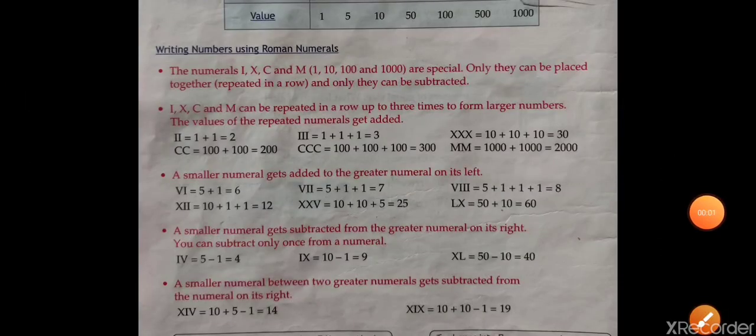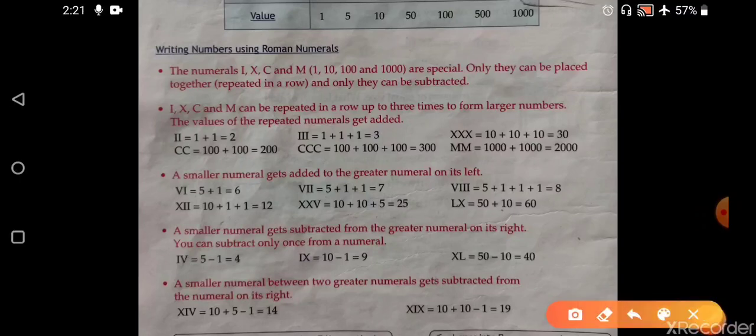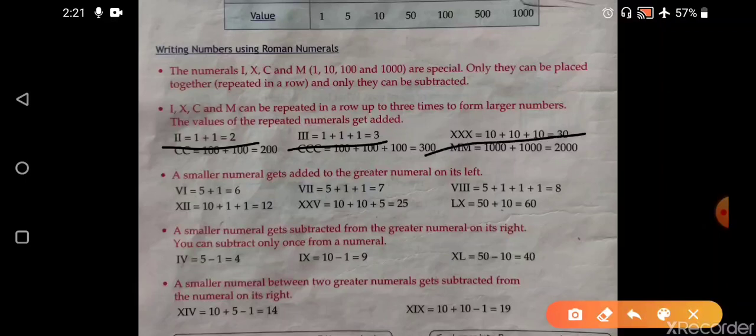Rule number 2 says I, X, C and M can be repeated in a row up to 3 times to form larger numbers. The value of the repeated numbers gets added. I have already explained this to you, how is 2 made? I plus I. 3 is I plus I plus I. How is 30 made? X plus X plus X. How is 200 made?